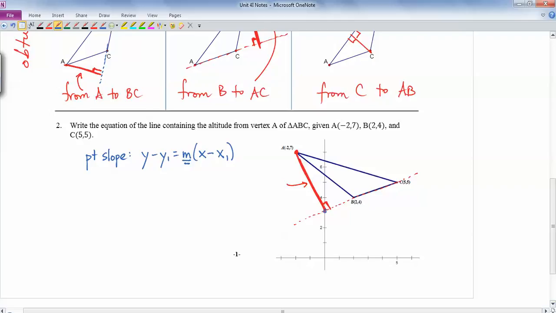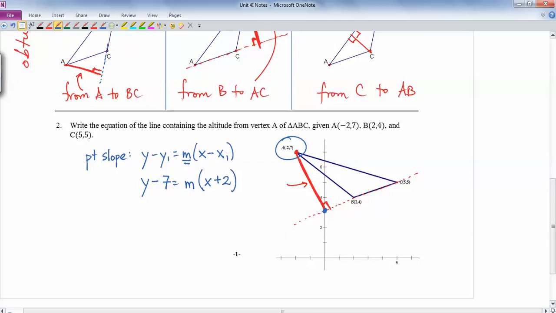A lot of people might be tempted to choose this point, but I'm not positive exactly where that point is unless my diagram's 100% perfect. But I do know A is on that line. So I'm going to use A as negative 2, 7. So I'm going to go Y minus Y1, which is 7, equals whatever the slope of that red line is, times x minus negative 2, so x plus 2.